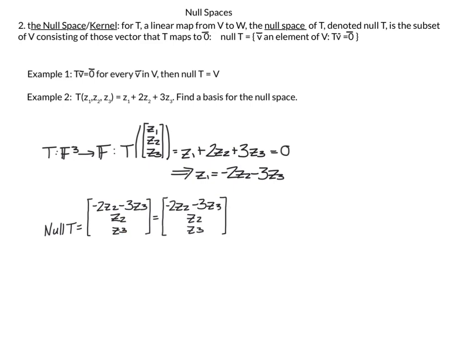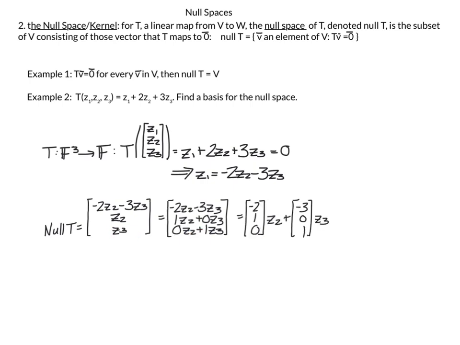But I'm going to rewrite this so I can find my basis. I'm going to rewrite this to explicitly show z2 and z3 at each coordinate. The top coordinate I'm going to leave as minus 2z2 minus 3z3. On the second coordinate, I want to show that there is a z3, it's just multiplied by 0. So I'm going to have 1 z2 plus 0 z3, and over here I'm going to have 0 z2 plus 1 z3.